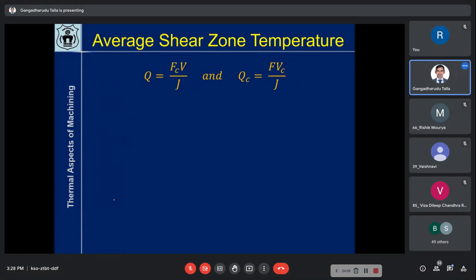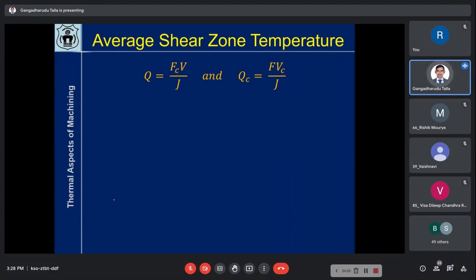Now Q is equal to cutting force into cutting velocity divided by J. So this J is nothing but the mechanical equivalent of the heat energy, Joule.